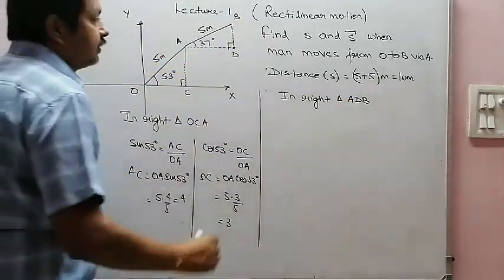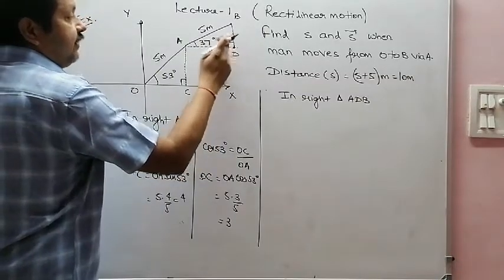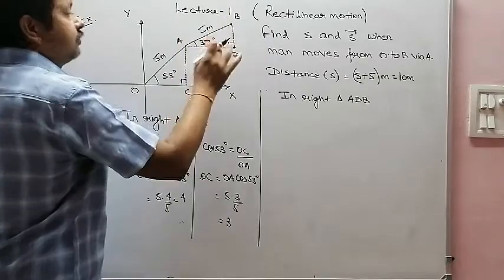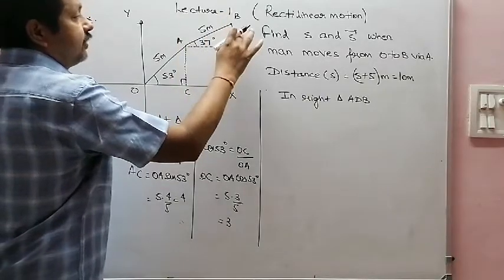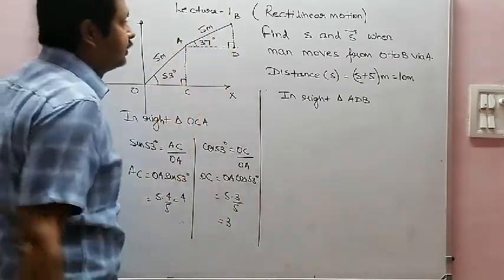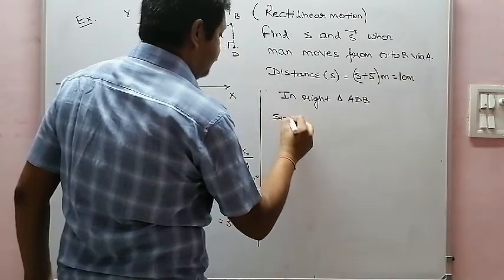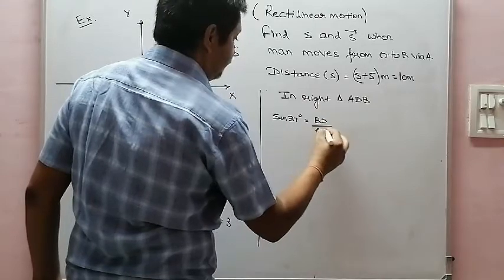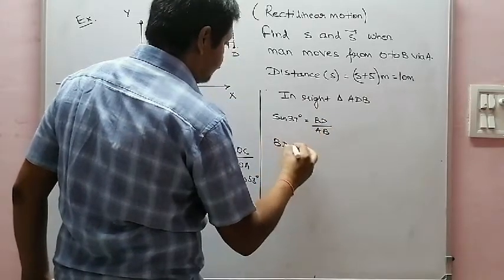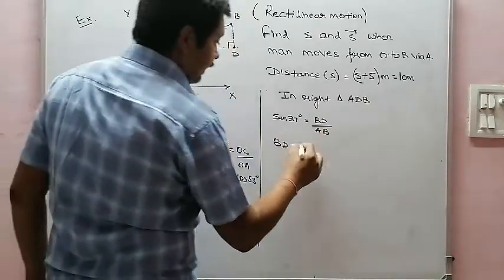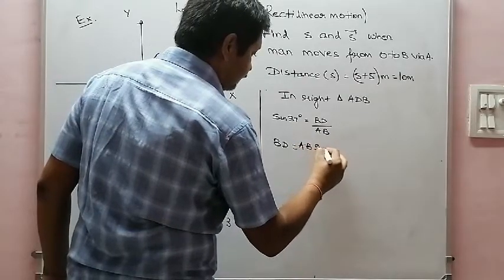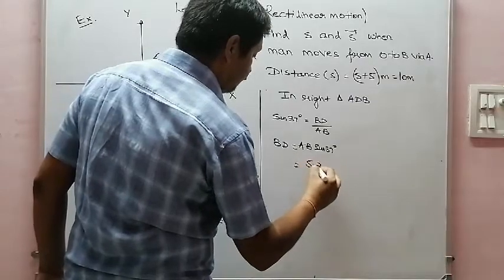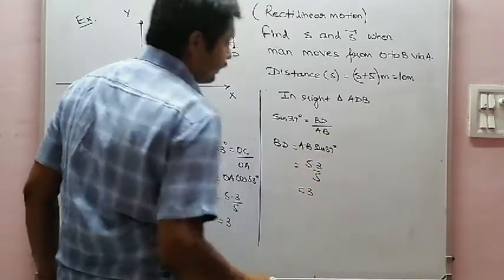the side which is in front of angle is called perpendicular, base, hypotenuse. Sin 37 degree is BD by AB. So BD becomes AB sin 37 degree, that is 5 into 3 by 5, that is 3.